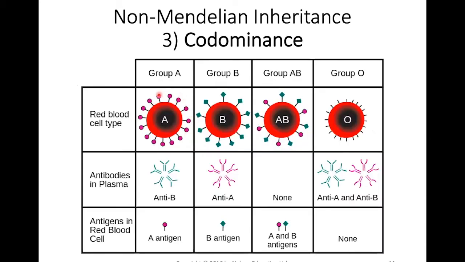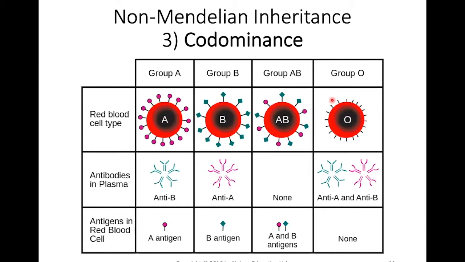We have either A antigens or B antigens. And as you'll see here, if you have A antigens on the surface of your red blood cell, you're type A. If you have B antigens, you're type B. Now, if you're type AB, it's because you have both A and B antigens on the surface of your red blood cell. And if you're type O, it's because you do not have any antigens on the surface of your blood cells.